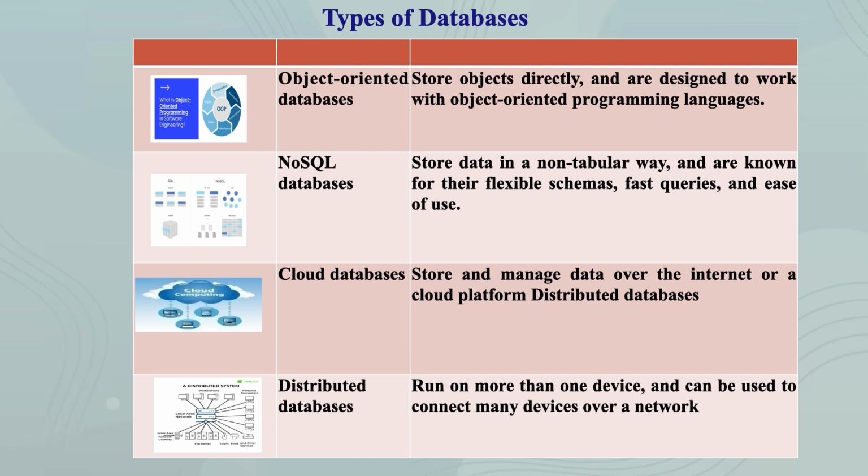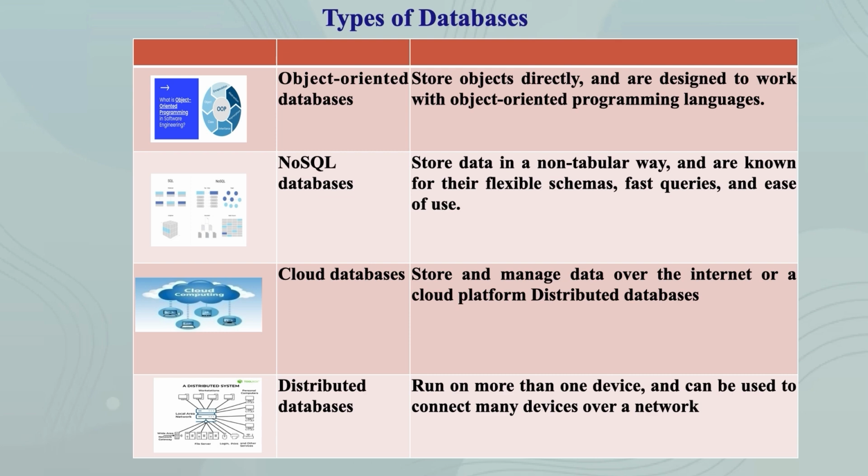So how do they store the data? With cloud storage, maintenance and availability are easier. They store and manage data over the internet or a cloud. Then distributed databases run on more than one device and can be used to connect many devices over a network.